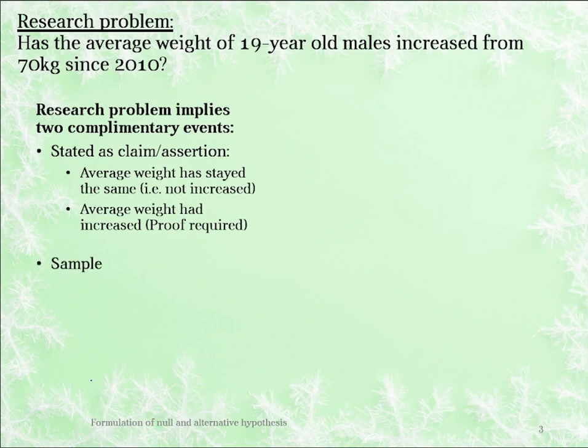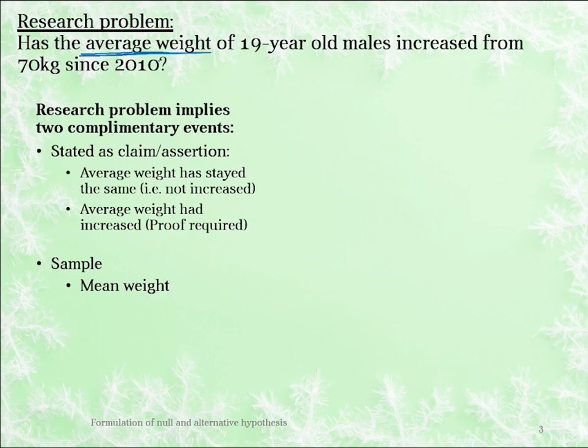So we will collect a sample, and in this case, because we are working with the mean, it's again very important that you understand what your question is about. So here we're talking about average weight, and that means that we will want to calculate the mean weight. So if we were dealing with something like a proportion or a variance, obviously we would calculate the proportion or the variance in that situation.